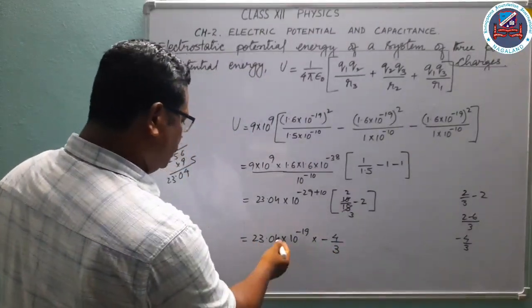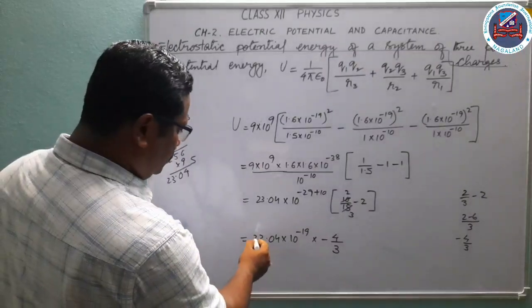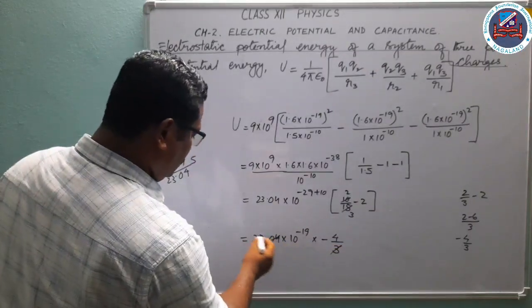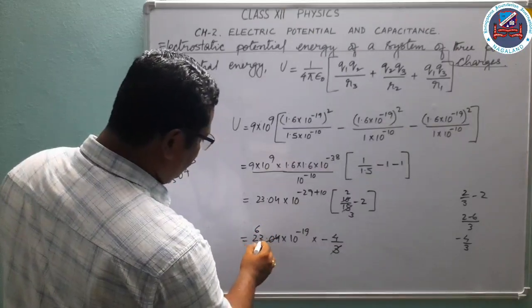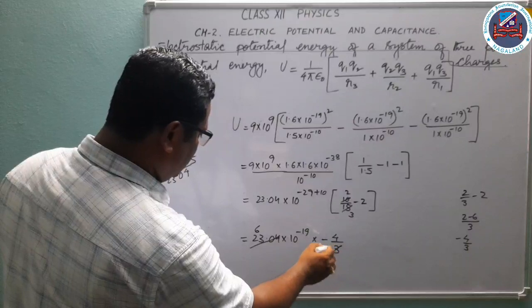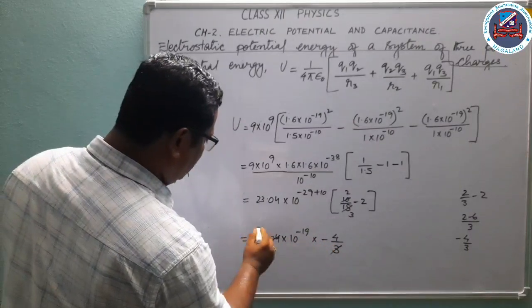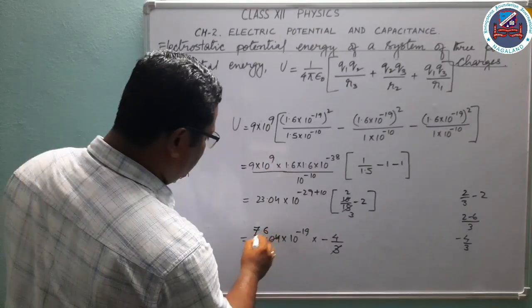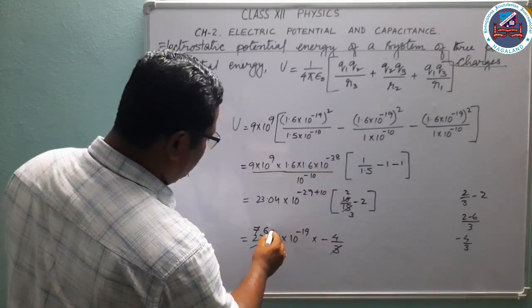If you can cancel, 3 7s are 21, 3 6 are 18, 3 8 are 24, can cancel. 3 6 are 18, 3 7s are 21, we can take 7, 7s are 21, 2 0, 3 6 are 18, and then 2 4 3 are 24.